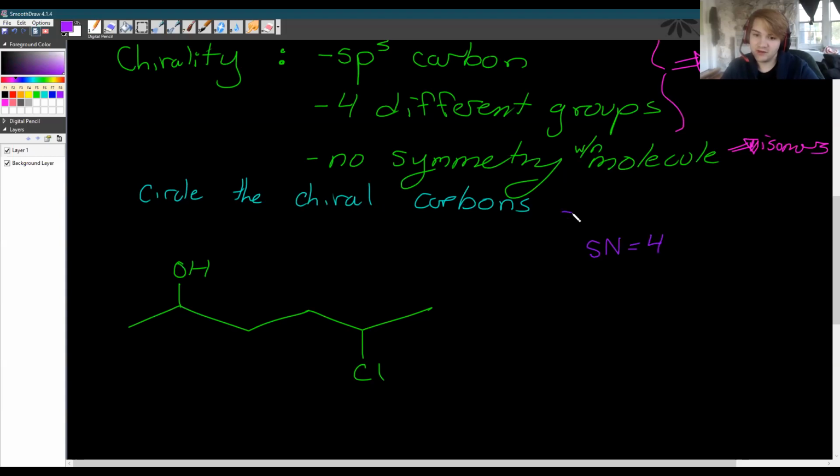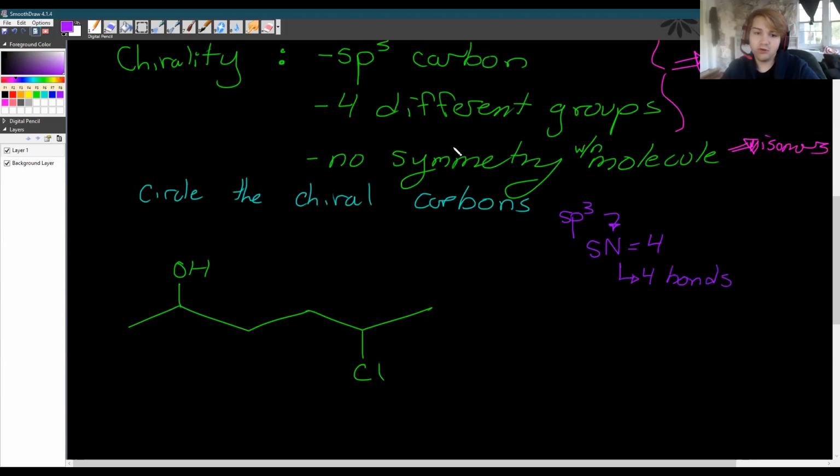The steric number could be made up of lone pairs and bonds, but if we're talking about carbon, carbon should not have lone pairs. It should really have bonds going on. So when we have an sp3 hybridized carbon, we're talking about a carbon with 4 bonds.